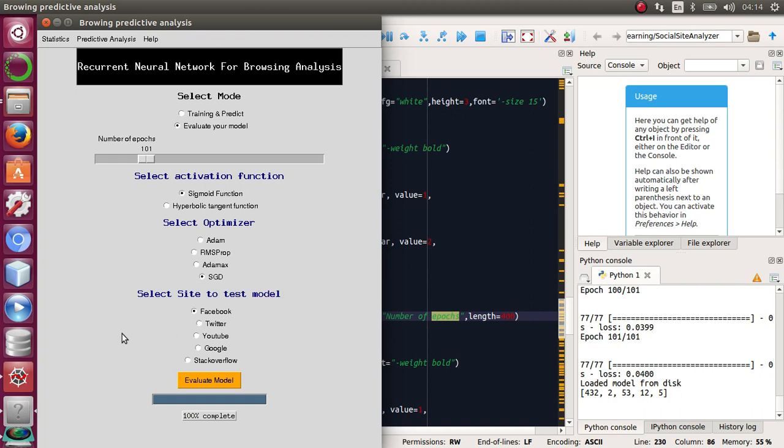By analyzing that, you can select your desired combinations from here. For example, when I plotted Facebook data in RapidMiner, I found it was really scattered and there were so many small curves. In dealing with so many small curves, it's better to set your optimizer as RMSprop or SGD. I got the best result for RMSprop. Let's evaluate our model for RMSprop.